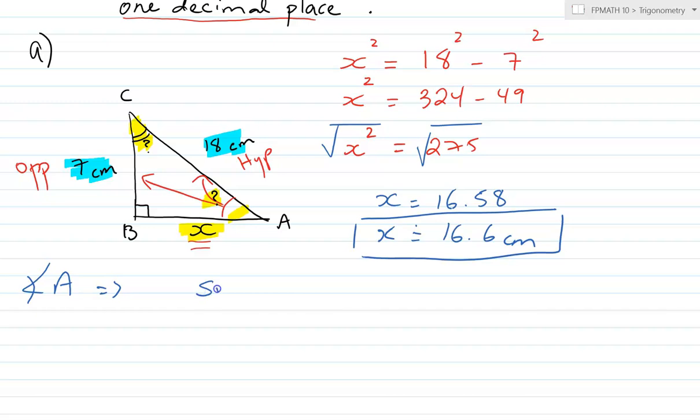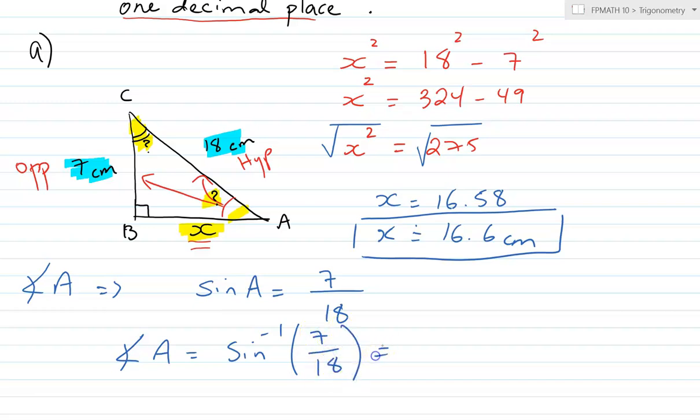Excellent. So sine of angle A equals 7 divided by 18, and angle A equals, now this is what you need to do, sine inverse of 7 over 18. This is the part where you have to use the second function of sine to get the angle, okay?